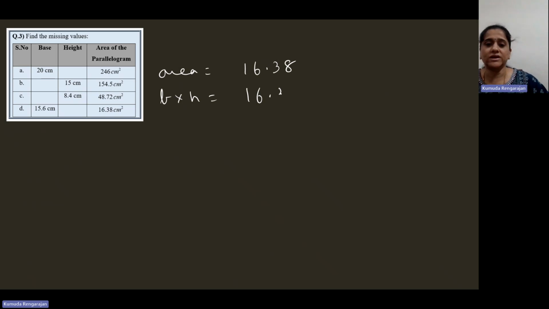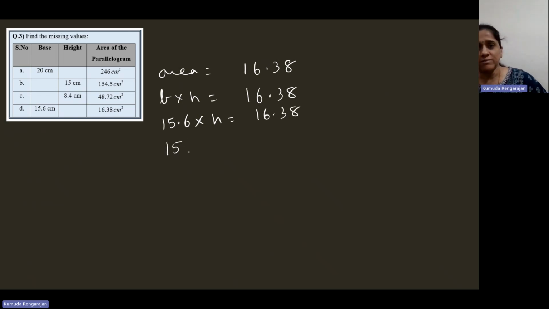So the last one also, see, area is equal to 16.38. Base into height is equal to 16.38. Base is 15.6 into height is equal to 16.38. So what you can do is, this is into 10 by 10, right?